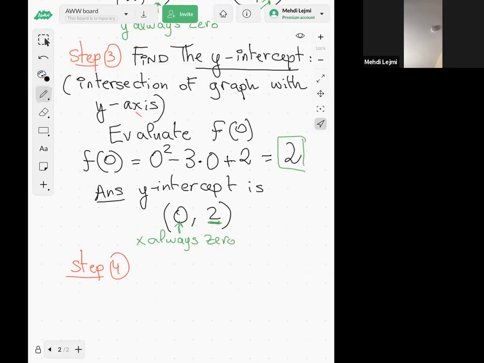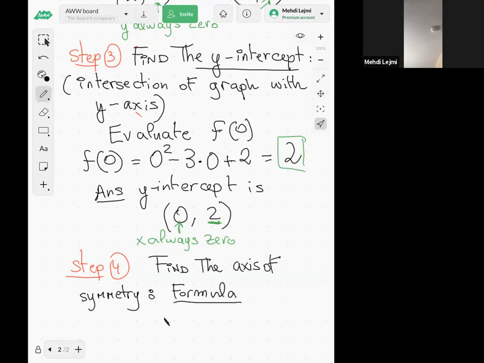So in the last step, find the axis of symmetry of the parabola, right? So the formula is the following. It's the same as the vertex, so x equals minus b over 2a.